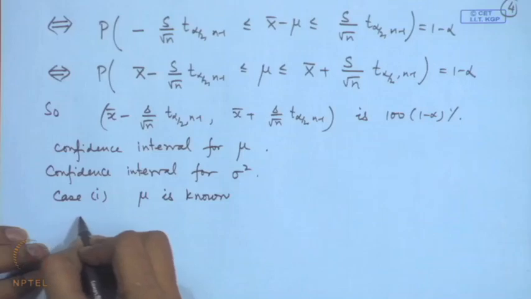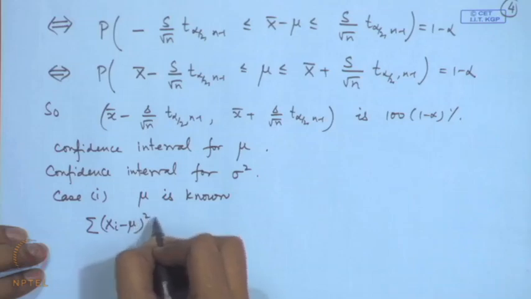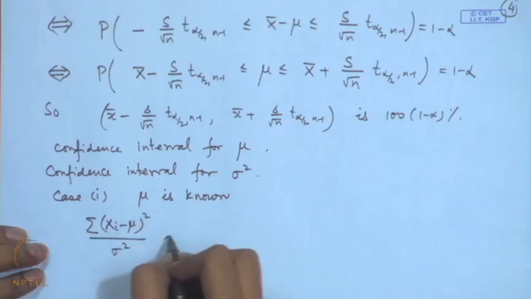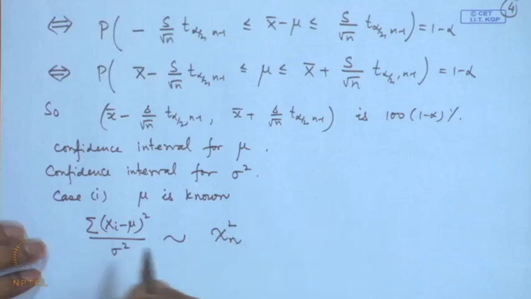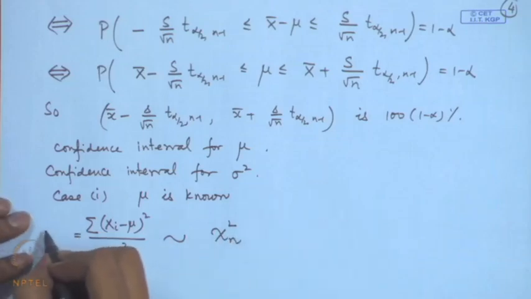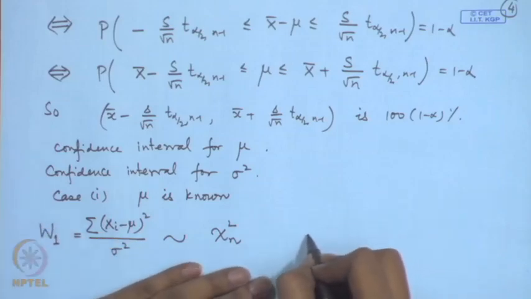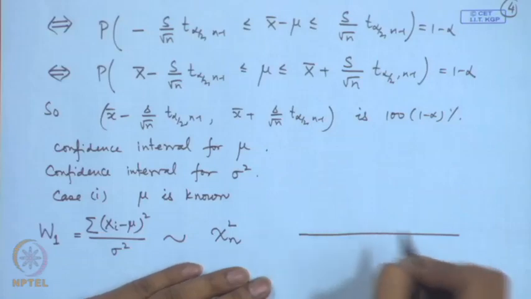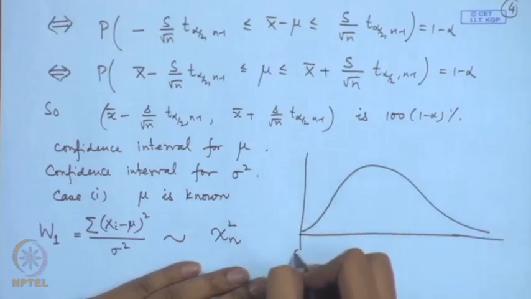So, we may consider here sigma x i minus mu square by sigma square, that follows chi square distribution on n degrees of freedom. Let me denote it by say W 1.